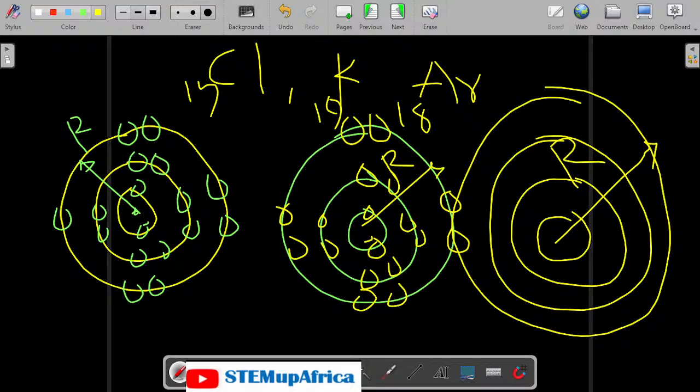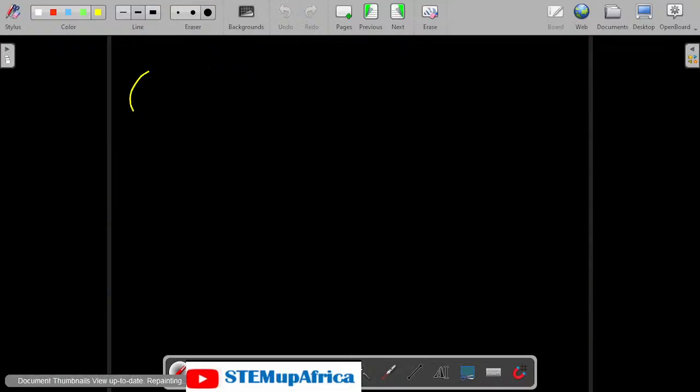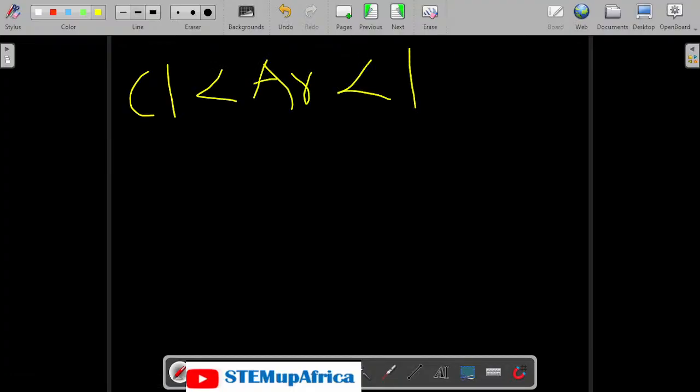Argon will come before chlorine, because the valence shell of argon is complete. So in order of increasing atomic radius: chlorine is less than argon, argon is less than potassium.